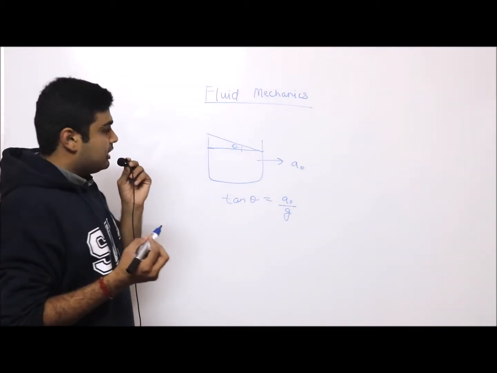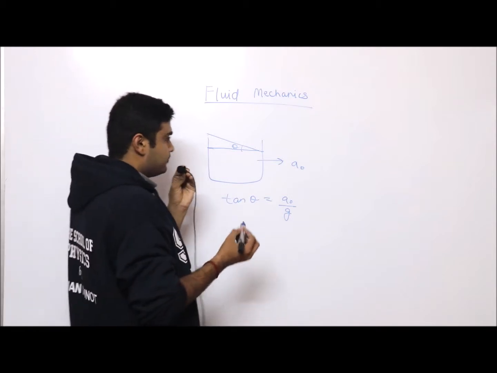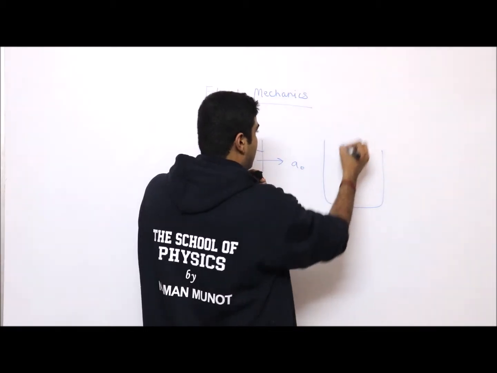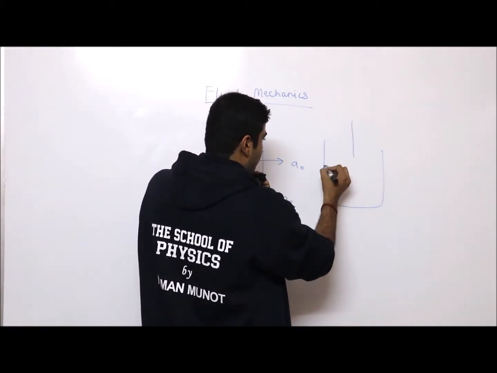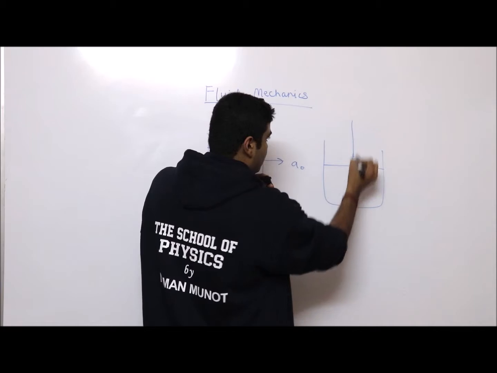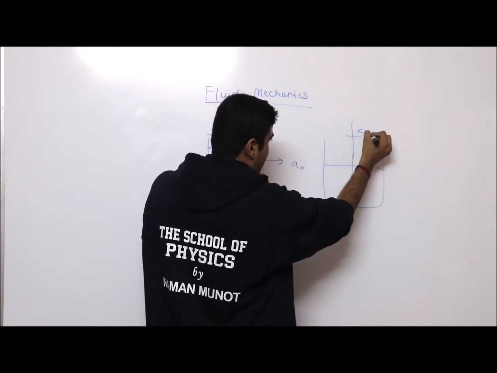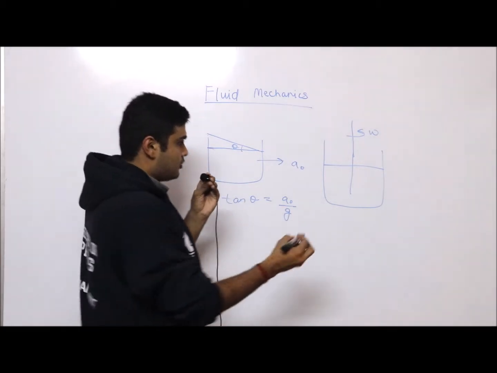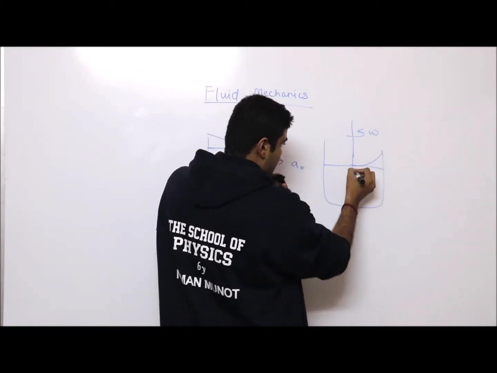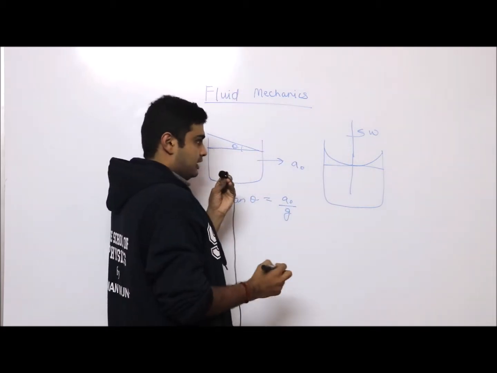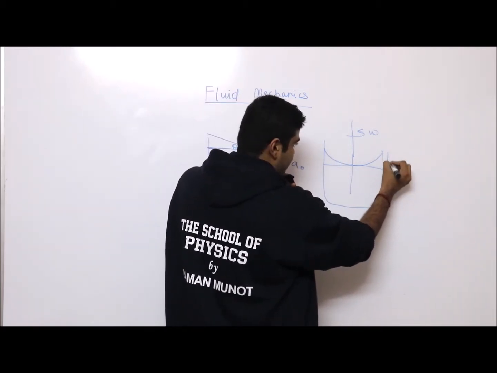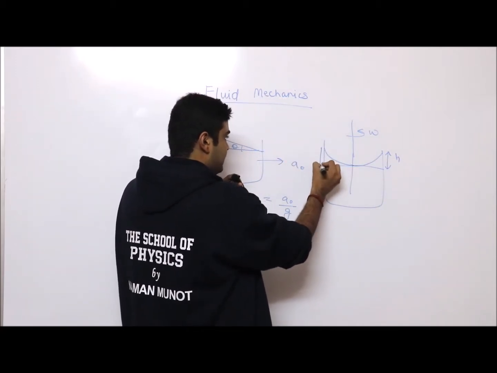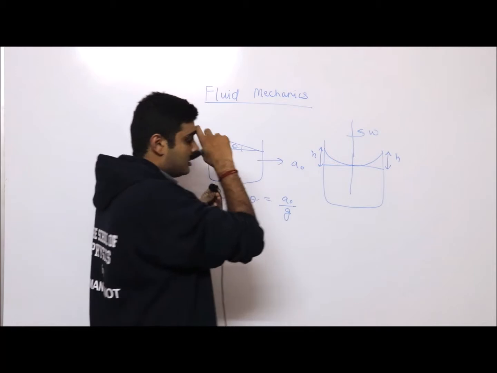Another very commonly asked case: suppose we have a beaker with water in it, and around an axis in the middle, we start rotating this beaker with an angular velocity omega. It will form a shape like this, and the water will rise to a height h at the edge, with the minimum height in the middle.